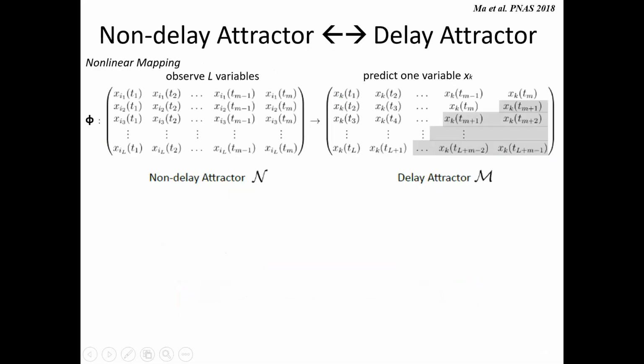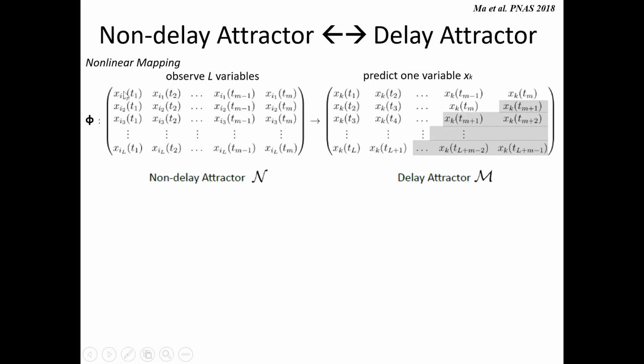With these two attractors, we are going to make the prediction. This is the non-delay attractor. This is the delay attractor. For the non-delay attractor, as mentioned, we have 20,000 genes. We randomly take 100 genes. 1,000 is fine. You can even use the 20,000 genes themselves.